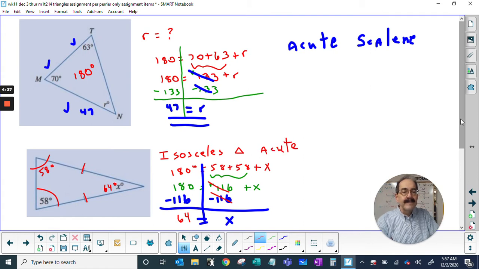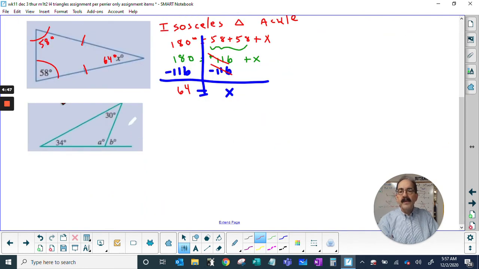All right, and our last little practice problem here. I'm going to step it up a little bit. In this one, we have a triangle, and we need this angle here and this angle here. Interesting. To do that, we know that all triangles are 180 degrees. This one looks like it's bigger than 90.